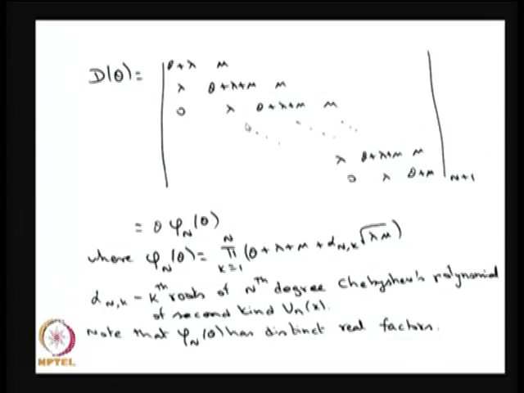Like that we can discuss the corresponding orthogonal polynomials for finite capacity birth death processes. Here, the MM1N model is related to the Chebyshev polynomial of the second kind, U n of x. Once you get the Chebyshev polynomial roots, they play a role in the product form of the polynomial. Note that this polynomial has distinct real factors.